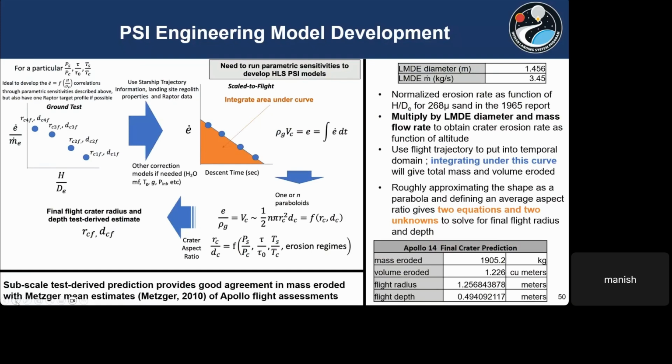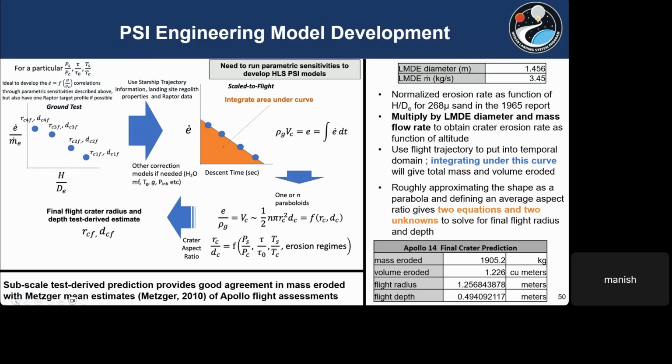You then know whatever vehicle it is, its descent trajectory, and the engine operating conditions. You can transform this non-dimensional space into a dimensional space replicant for flight. So you have E dot as your erosion rate as a function of descent time.